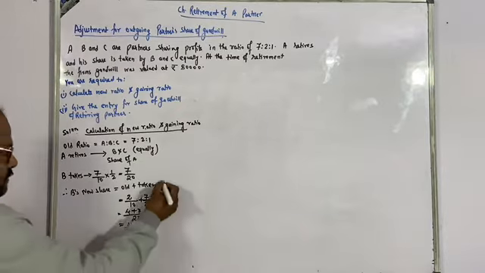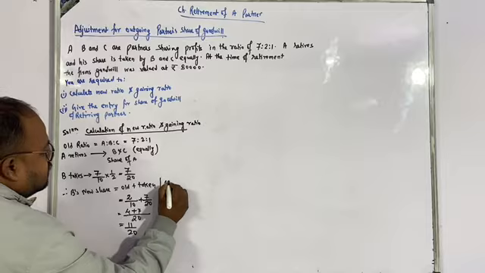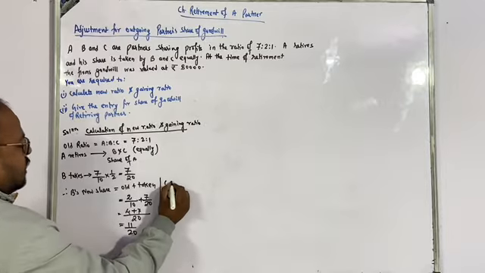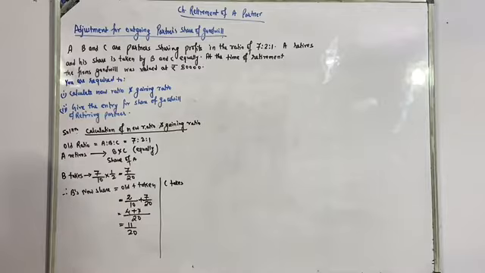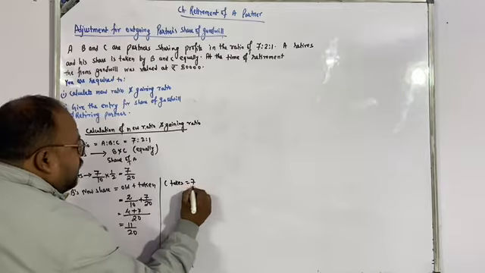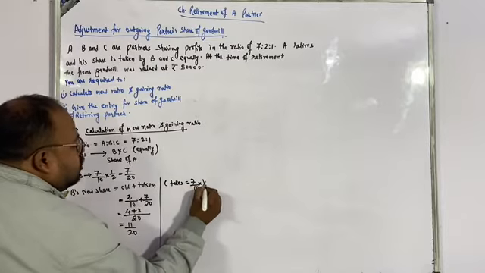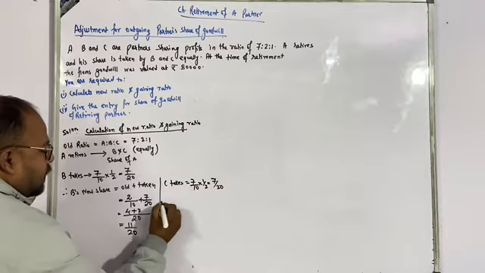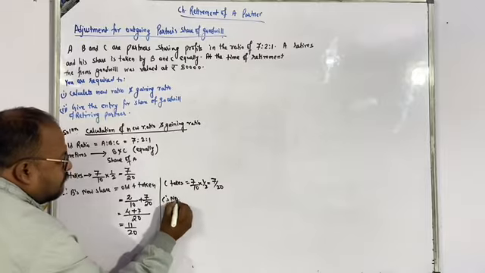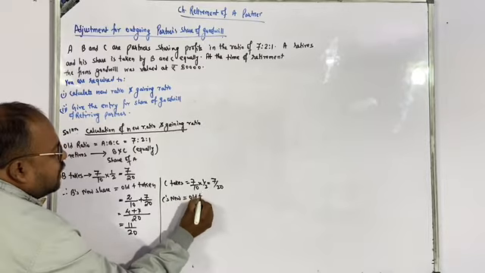Similarly, C takes how much? Same thing. C takes 7 by 10, which is the share of A, into 1 by 2, that is 7 by 20. C's new share is old plus taken.